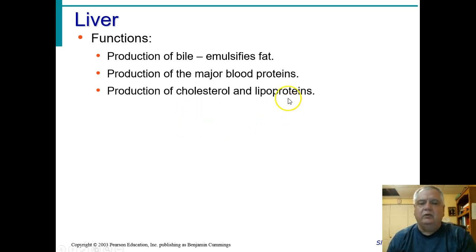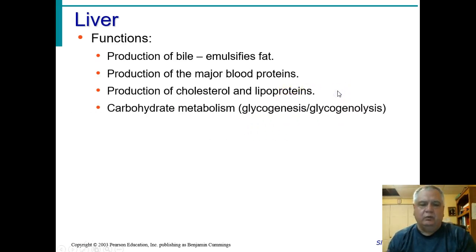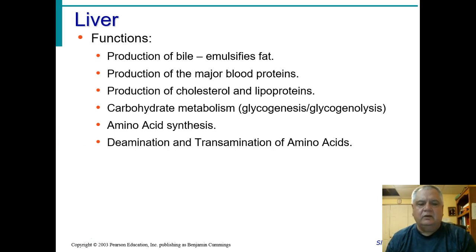And it also produces lipoproteins that we'll be talking about in the next PowerPoint as well. Liver is responsible for carbohydrate metabolism, amino acid synthesis, deamination and transamination of amino acids, and those are all, again, going to be important when we talk about metabolism, so we'll leave those for that.